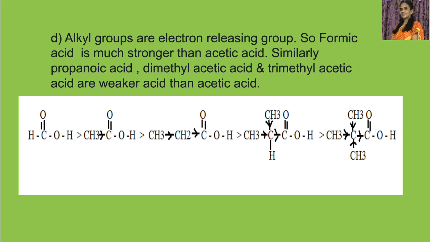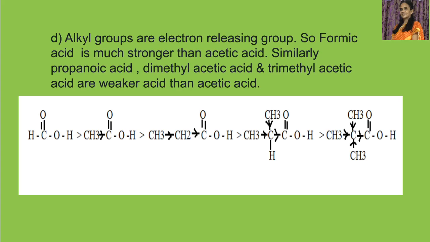This is formic acid HCOOH, this is acetic acid CH3COOH, this is propanoic acid CH3CH2COOH, this is 2-methyl propanoic acid, and this is 2,2-dimethyl propanoic acid. Okay, so these are the examples. The more the number of alkyl groups, the more the plus I effect. Therefore, the acidic strength will be less.